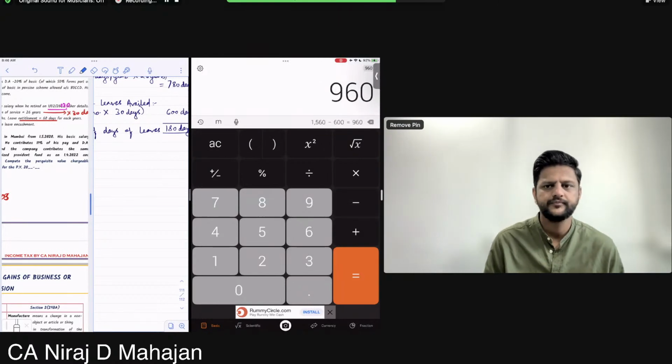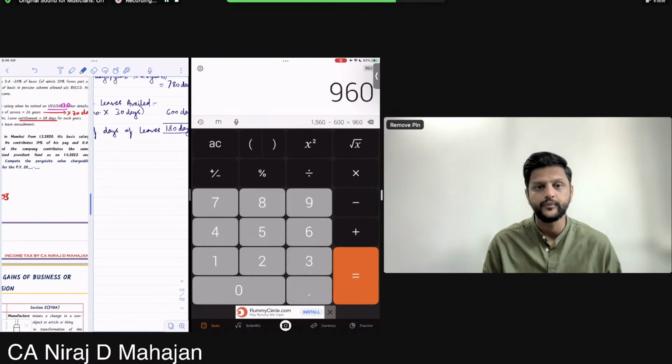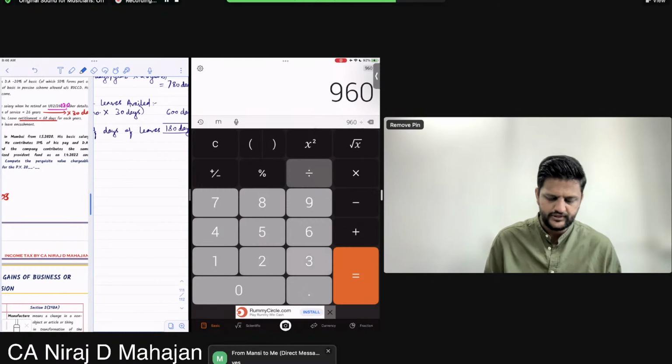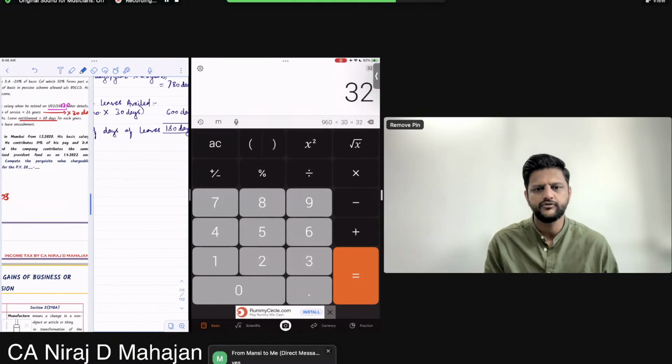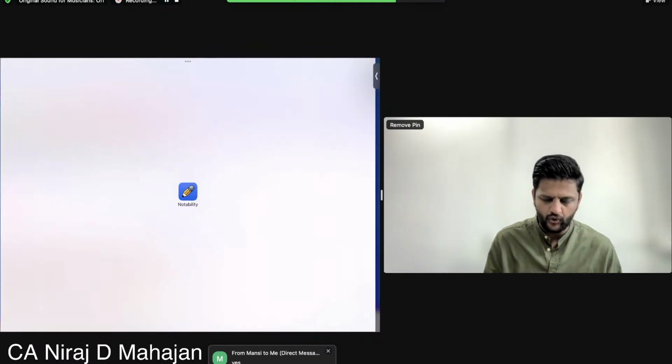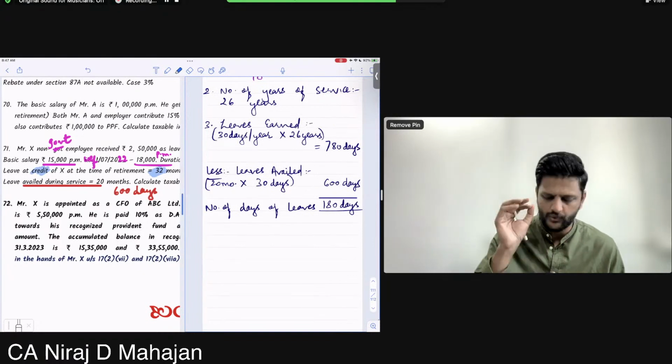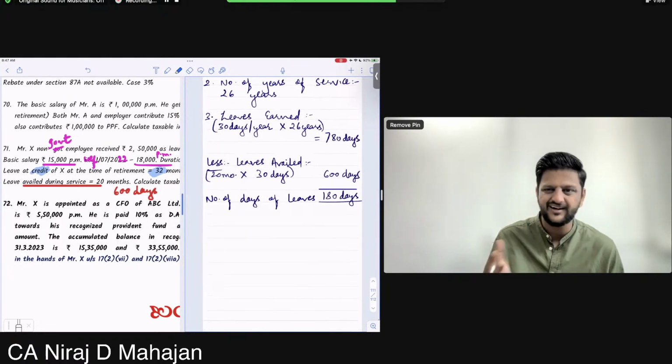Does it come to 960? 32 months, divided by 30 if I do, this will be exactly 32 months. Anyways, don't get confused in that. Forget it. You focus here. Whatever is given or whatever the way we can calculate, basically now I know my number of days of leave balance is 180 days. Clear till here? Fine. Let's start.